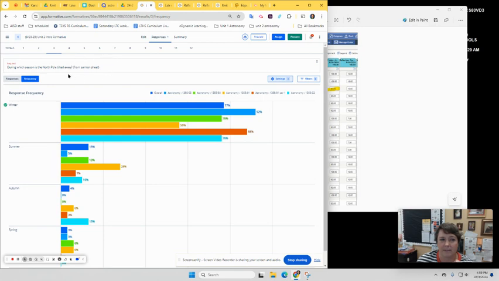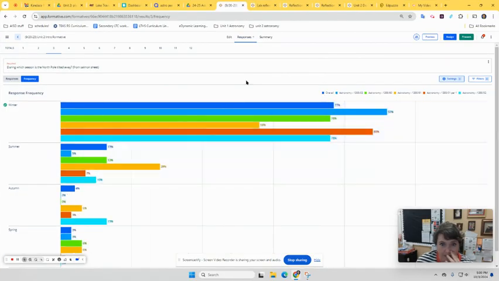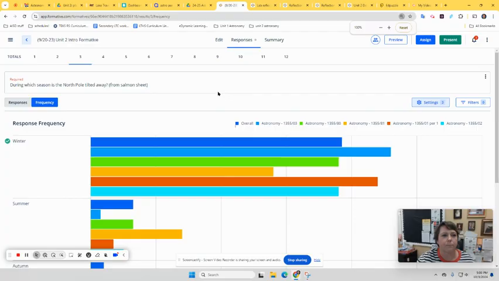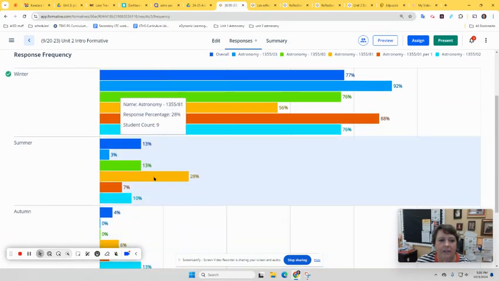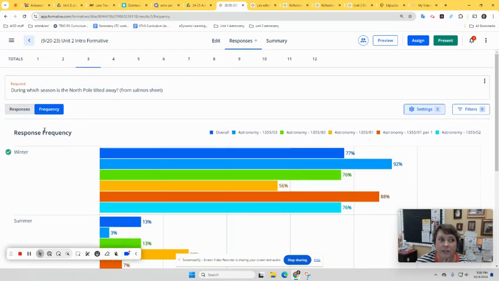This is from that salmon colored sheet, from the simulations. Let me make this a little bigger for y'all. A lot of us are still putting summer, right? The answer is winter. It is tilted away from the sun in winter. That's why it's cold.